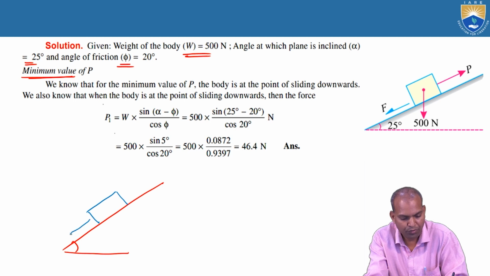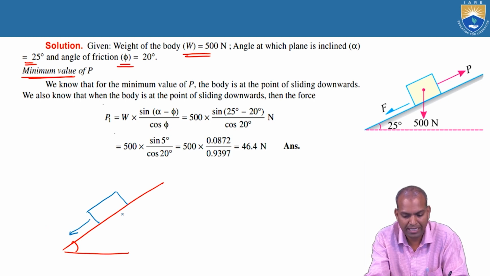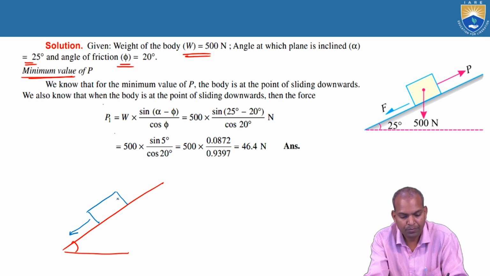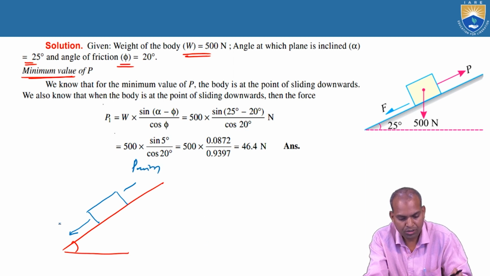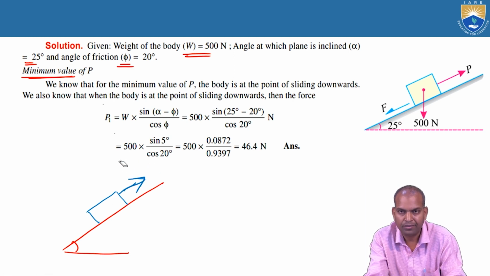When the body is moving downwards, what will happen? When the body is sliding downwards, the minimum value of P is required here. That is P minimum. When the body is moving upwards, then we require more force.